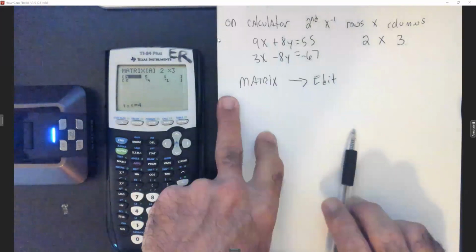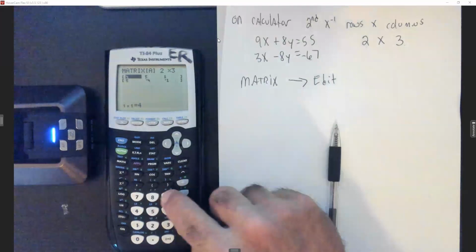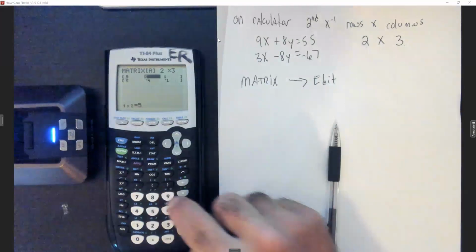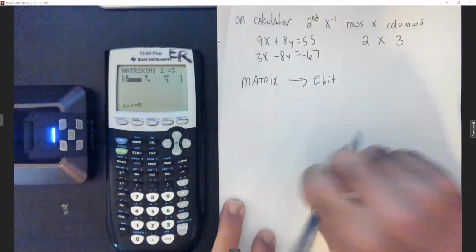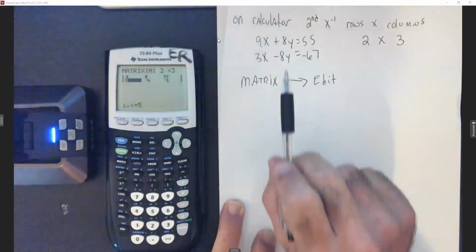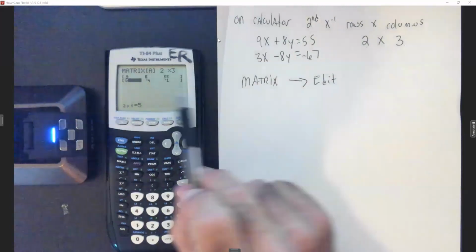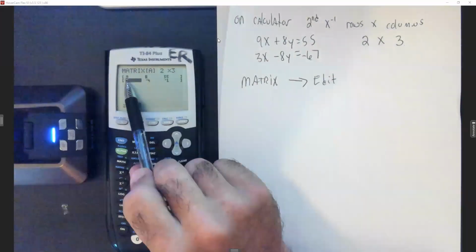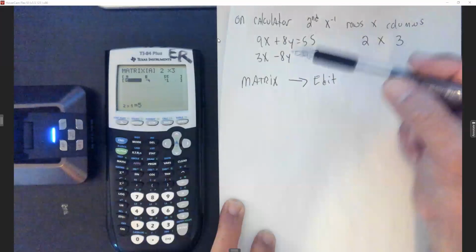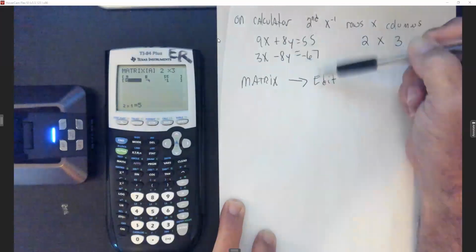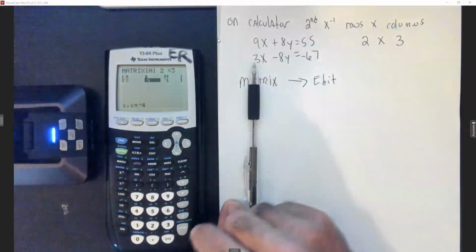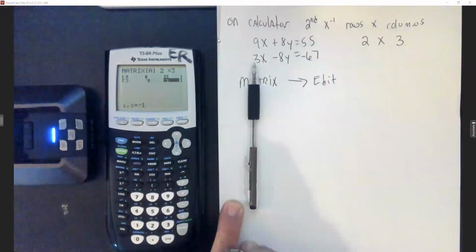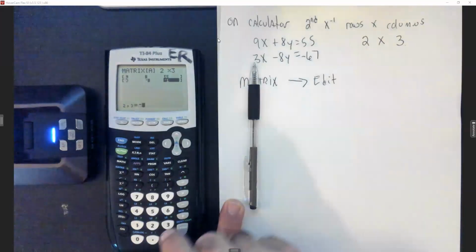I'm going to put a 9 in, enter, 8 in, enter, 55, enter. Notice I'm not using any of the variables, I'm only putting in the numbers. The calculator knows that this is the first column, second column, third column, where my variables and my answers should be, okay? So now the next row I had a 3, enter, -8, enter. Use that negative button when you put in negative numbers, and then -67.